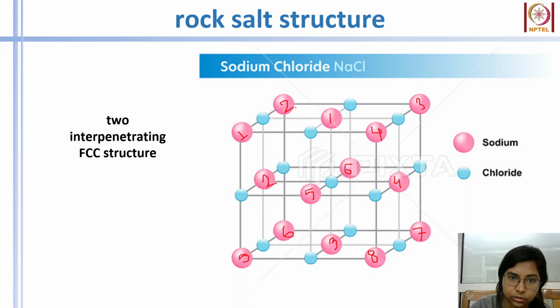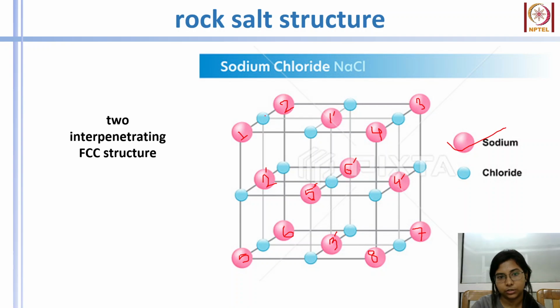And if we don't want to confuse them, we can give them a dash: 1 dash, 2 dash, 3 dash, 4 dash, 5 dash, 6 dash. Okay, so we are done with the sodium.